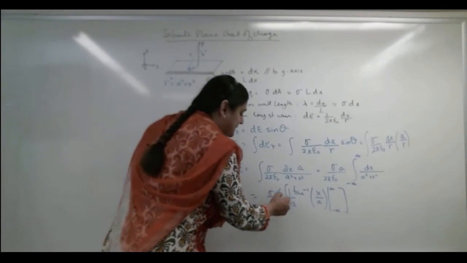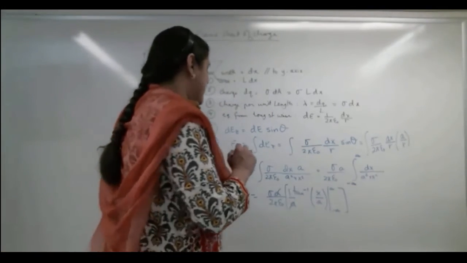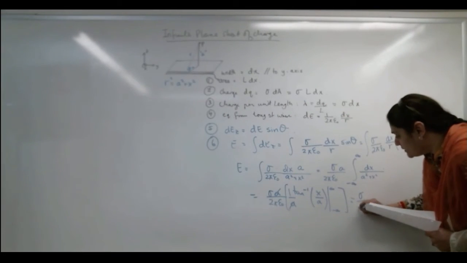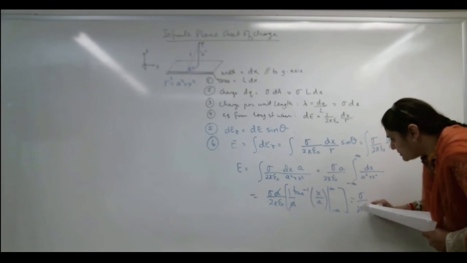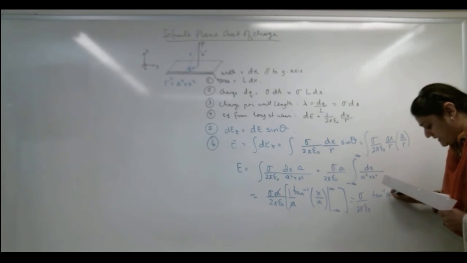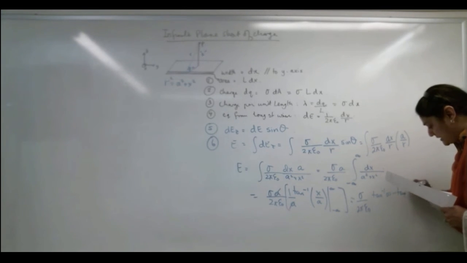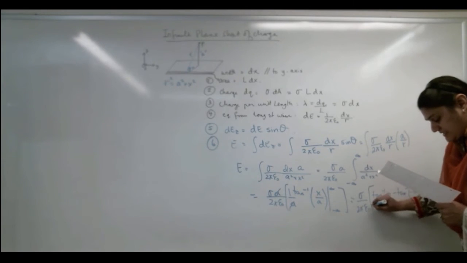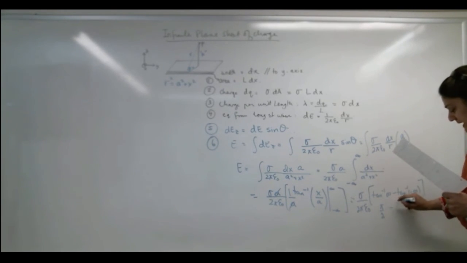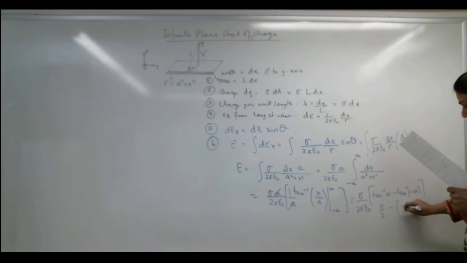So the a's will go away, and I can plug those values in here. So I'm going to get sigma over 2 pi epsilon naught, tangent inverse of infinity minus tangent inverse of minus infinity. Okay? Tangent inverse of infinity is pi over 2. Minus tangent inverse of minus infinity is minus minus pi over 2.